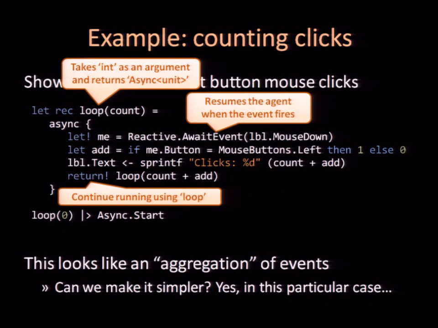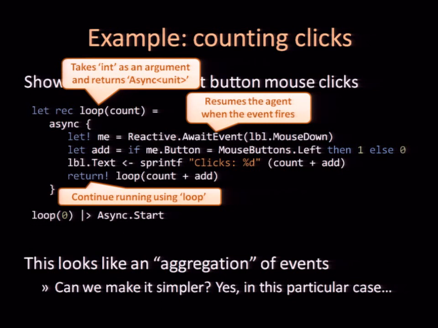So, for example, if we wanted to change this so that the rate of clicks that is counted is limited, meaning that after every click, any clicks that you do within 1 second will be ignored, then it's no longer just a simple aggregation of click events, so that's difficult to write.